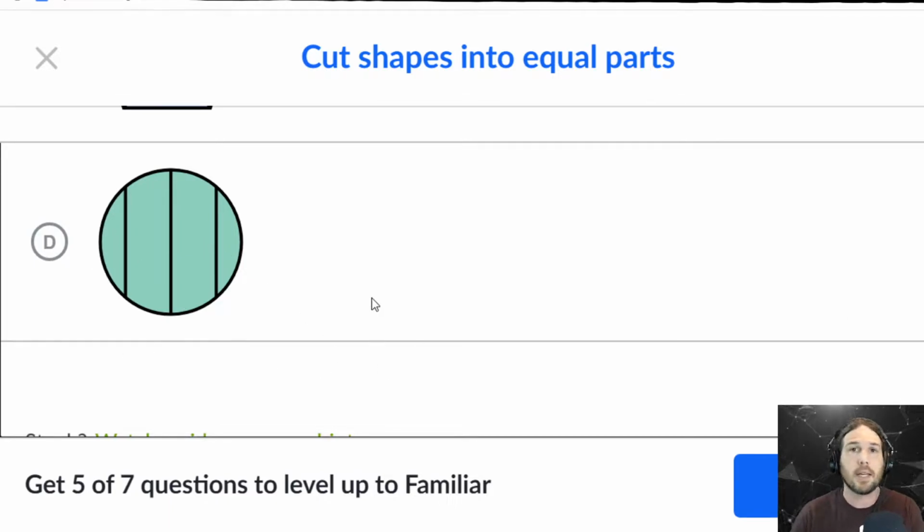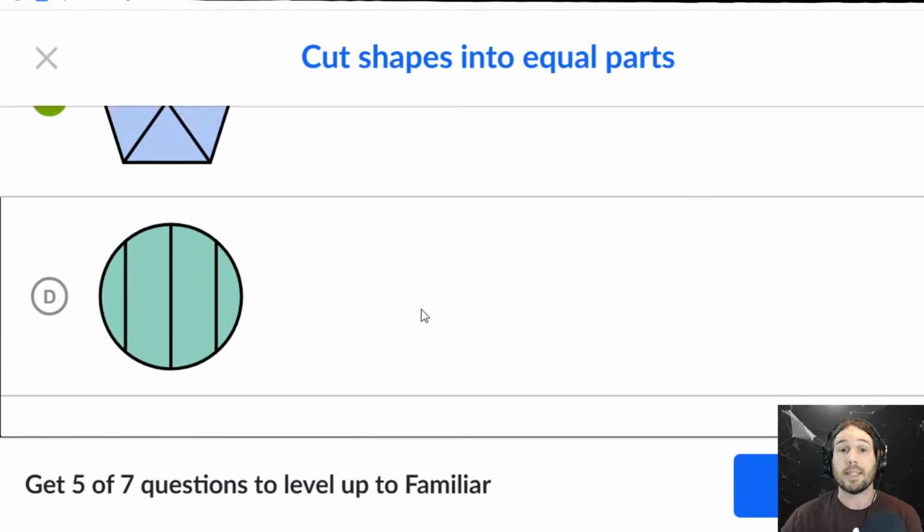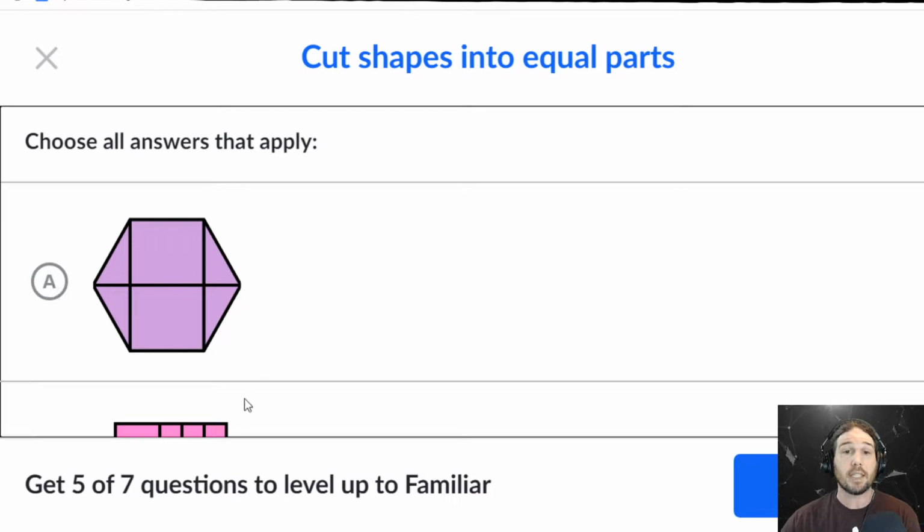Therefore, this is not cut into fourths. And again, as I always do when I get to a place like this, I encourage you to think about how these various shapes can be cut into equal pieces. Like, think about all of the ways that maybe this hexagon here could be cut into equal pieces. It's not right now, but it could be if we moved those lines around a little bit.